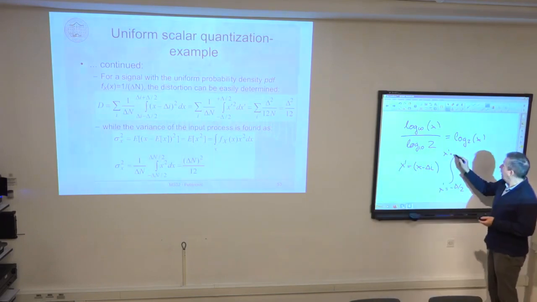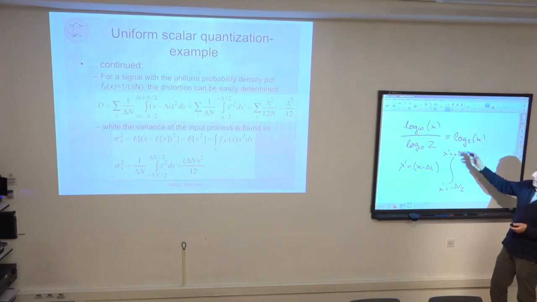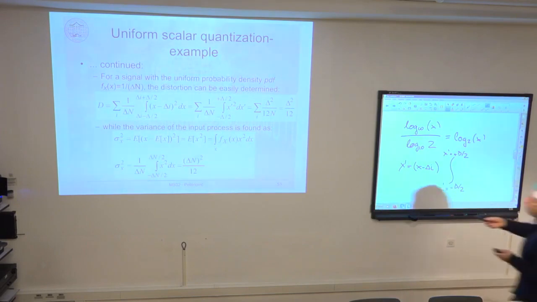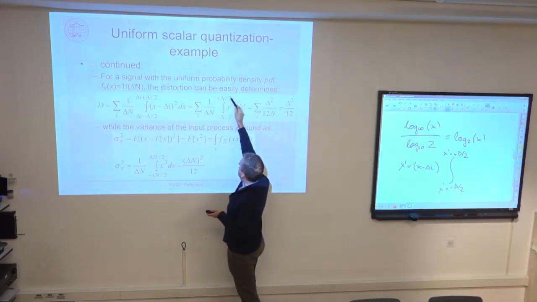So in the variable x prime, the bounds are always the same for all I, because this delta times I is cancelled by this substitution. Okay, so this is trivial. I have new bounds for the integral, minus half step size and plus half step size.